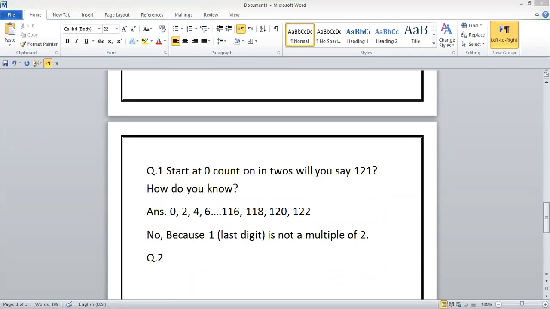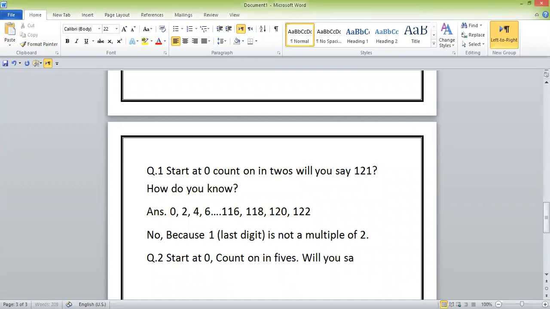Start at 0, count in 5s. Will you say 95?